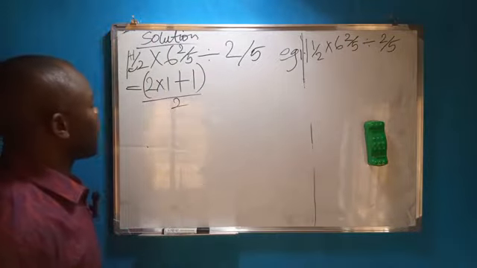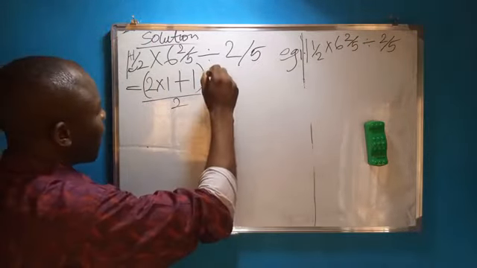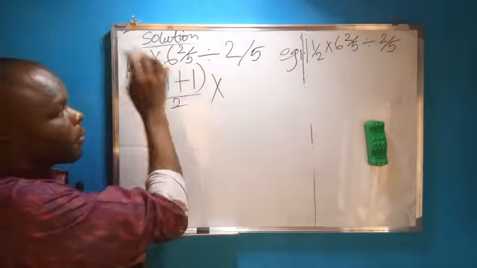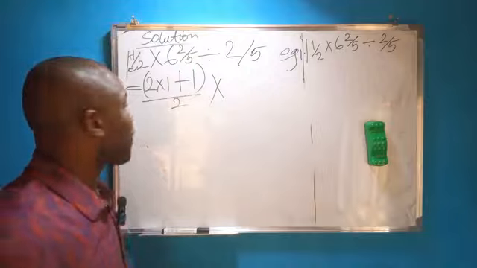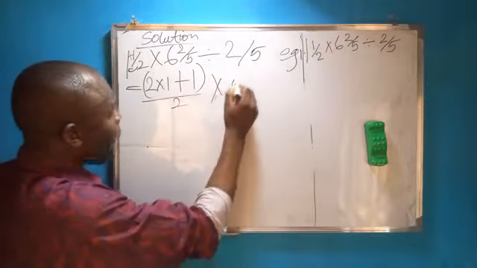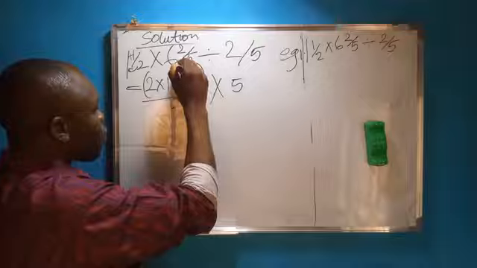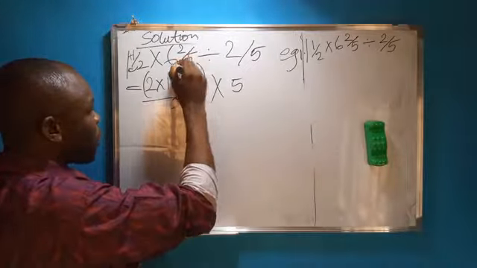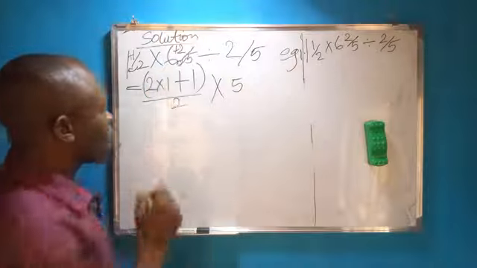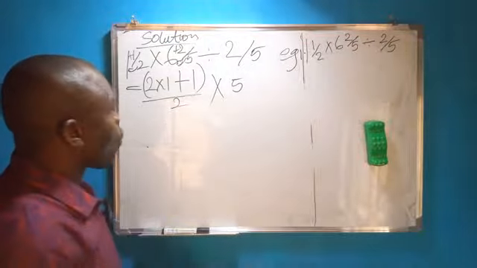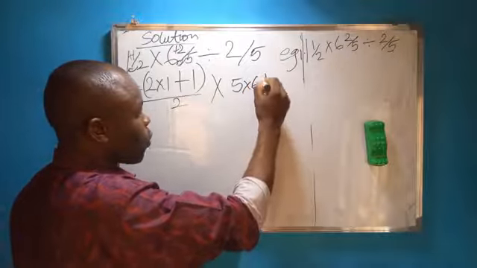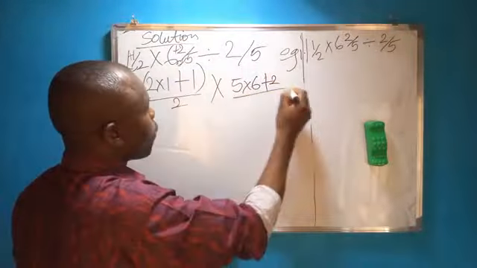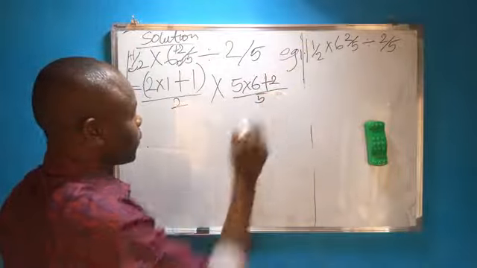Okay, let's keep watching. Now, times, we want to convert this second mixed fraction to an improper fraction, and we will have 5 multiplying this 6, plus this 2. So we'll have 5 times 6 plus 2, all over 5.